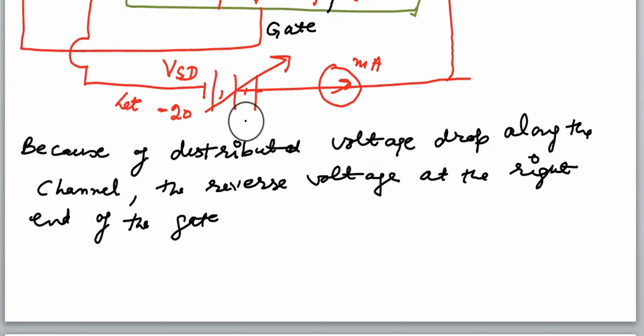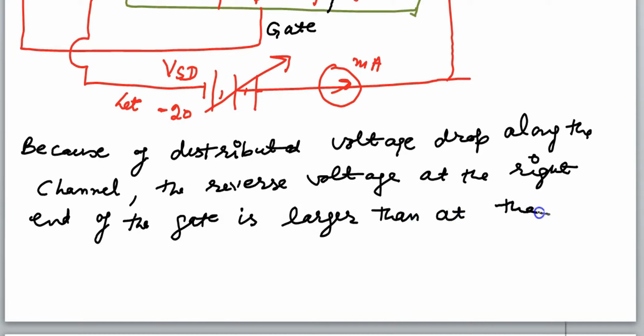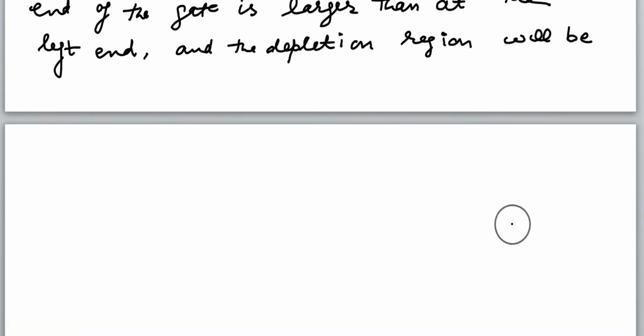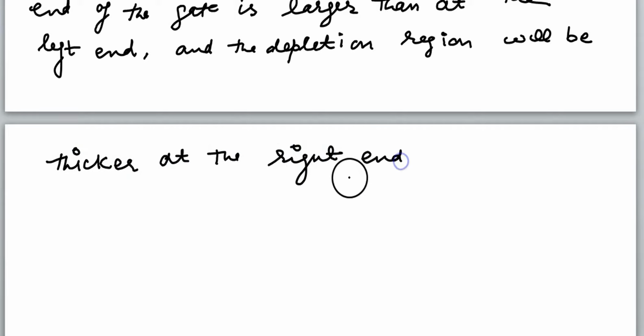The drain current is a function of the gate source voltage and the drain source voltage both. But the gate effect is more than the drain source voltage.